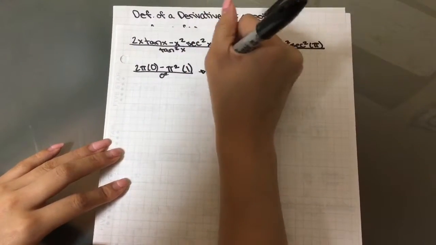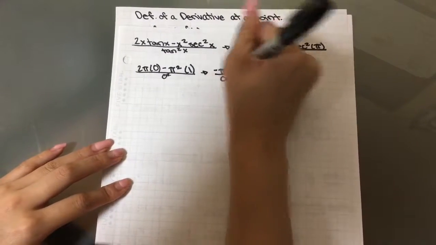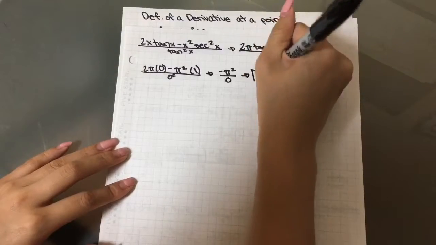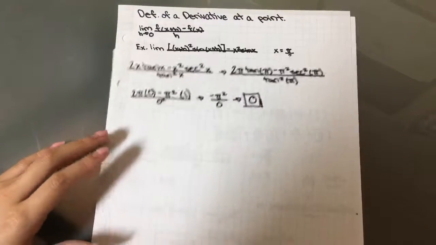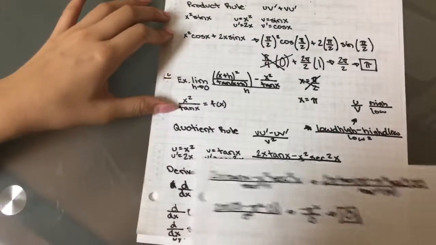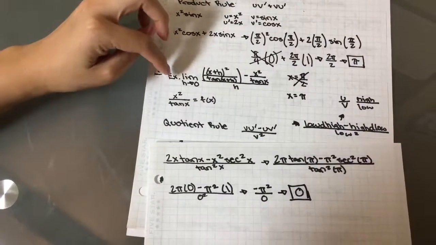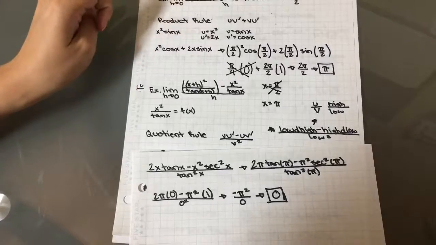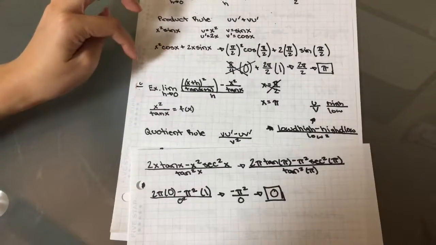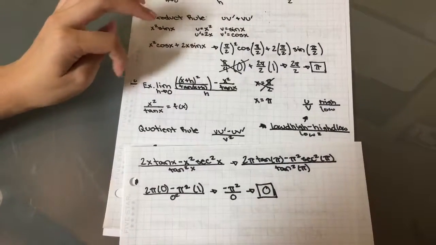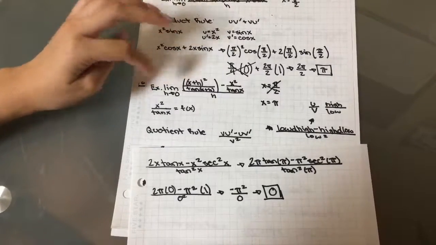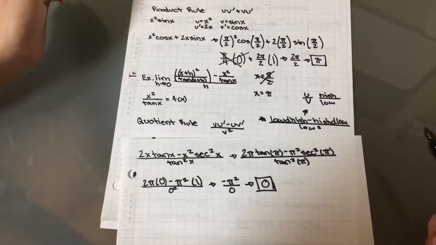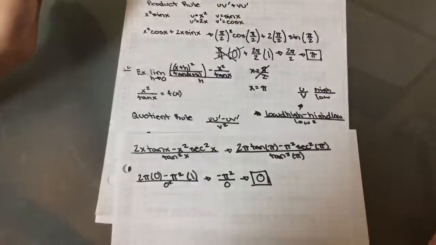So it's going to be negative pi squared all over 0, but since you're dividing by 0, the final answer is just 0. So the answer to the initial limit of x plus h squared over tangent of x plus h minus x squared over tangent of x, all over h, at the point x equals pi is going to be equal to 0.